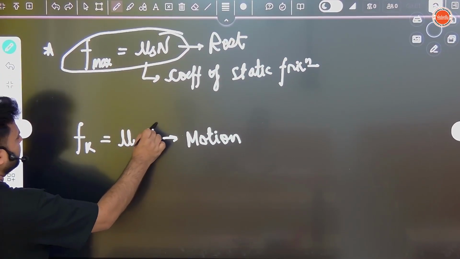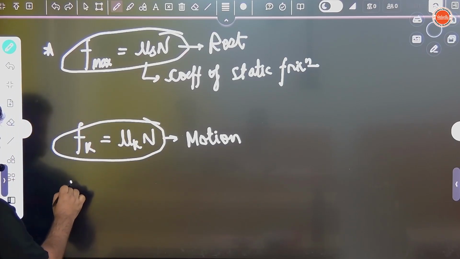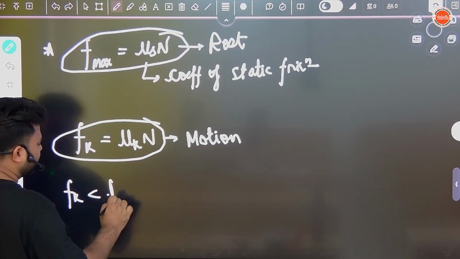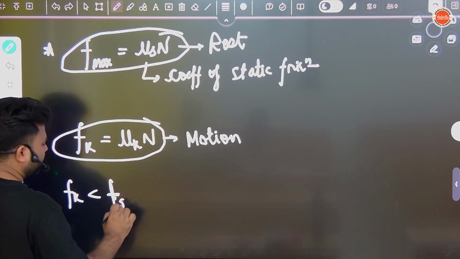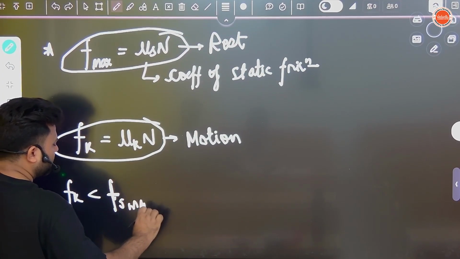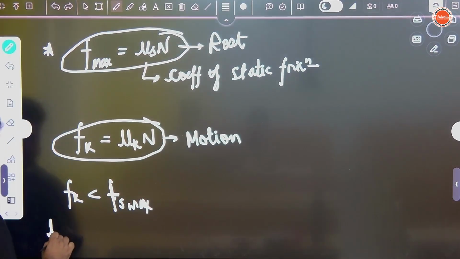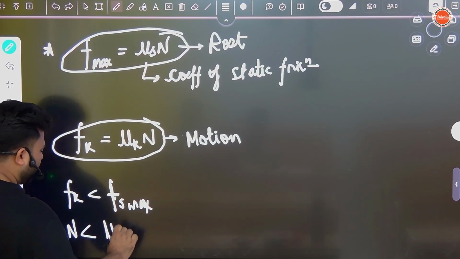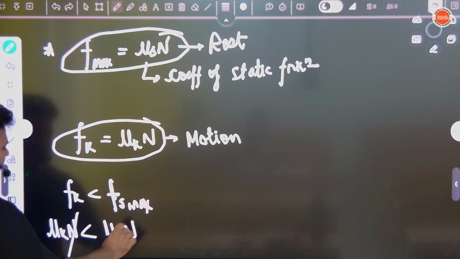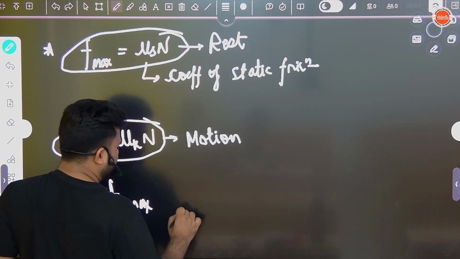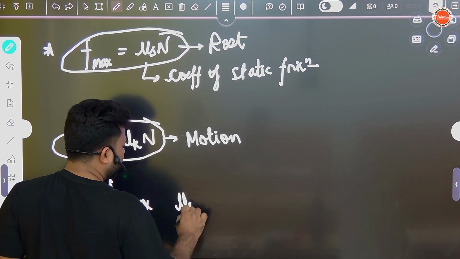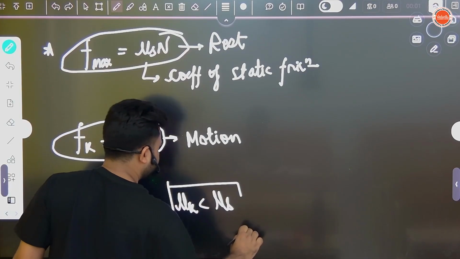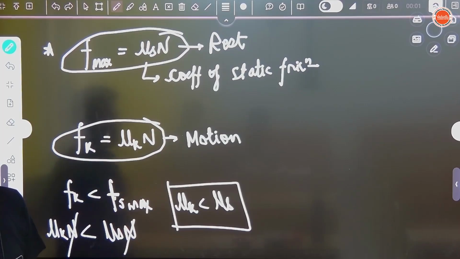Always remember, kinetic friction is a little bit less than static friction. Static friction maximum value, so mu k into N is slightly less than mu s into N. N you can cancel. So always you will see that mu k is a little bit less than mu s. Okay.